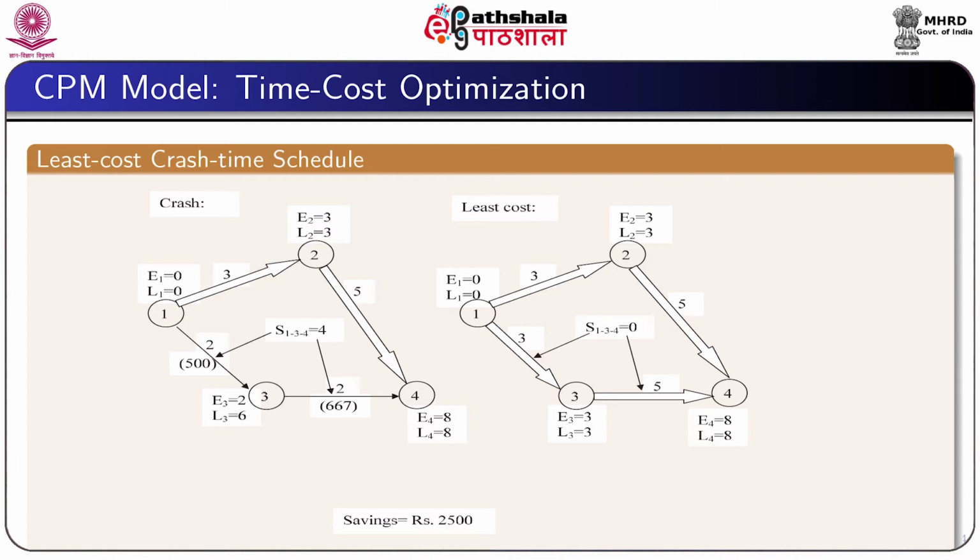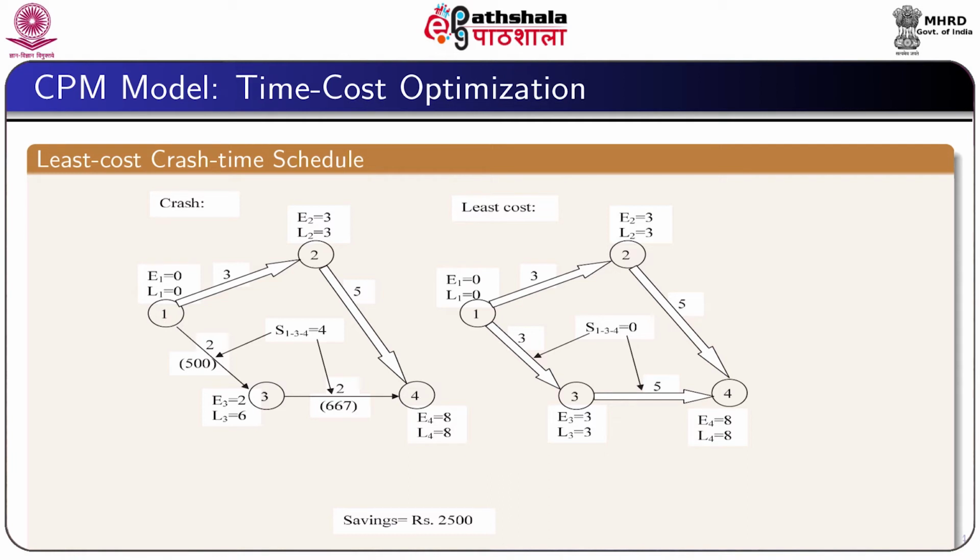Since the normal time of the activity 3-4 is 5 weeks, we can expand it up to 5 weeks. That is, we expand the activity time of the activity 3-4 by 3 units.